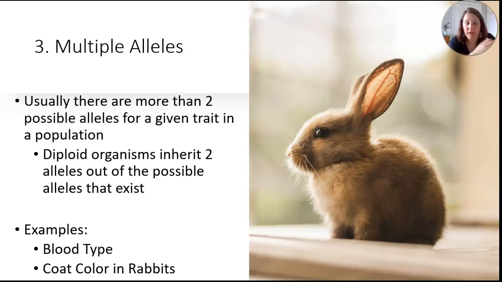And organisms in the population, like us, or this bunny pictured here, are only going to inherit 2 alleles out of that pool of alleles because we're diploid. Blood type was a great example: there were 3 alleles and individuals inherit 2 of those 3 alleles. The next example that I'm going to give you on the next slide deals with coat color in rabbits.